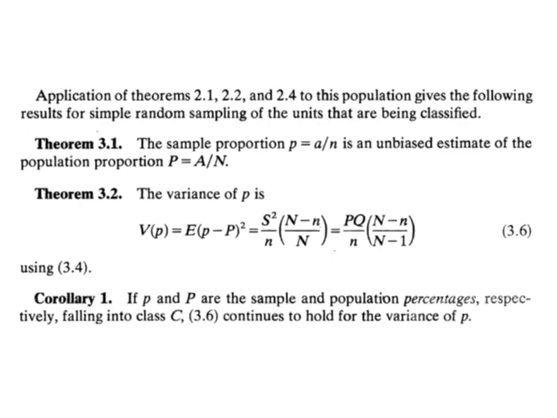Theorem 3.1 states that the sample proportion p equal to small a over small n is an unbiased estimator for the population proportion capital P equal to capital A over capital N. The other theorem, 3.2, states that the variance of the proportion, V of p, equal to the expectation of p minus capital P, all squared, is equal to S squared over n times capital N minus n over capital N, equal to P Q over n times N minus n over N minus 1.